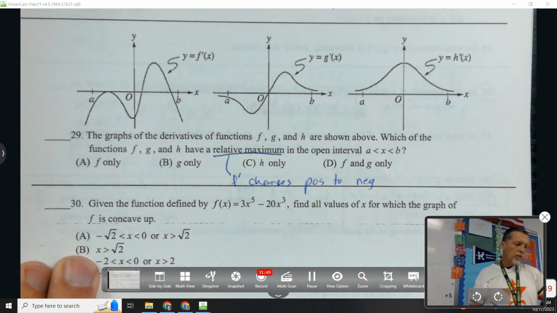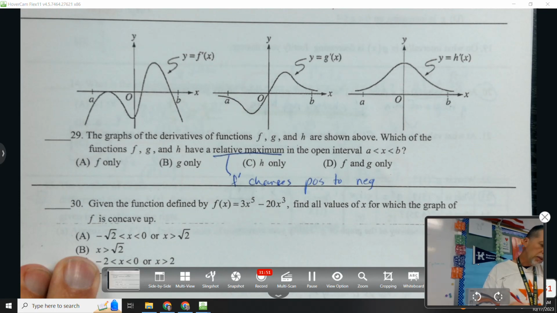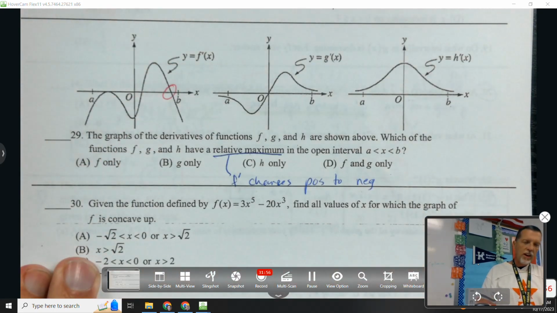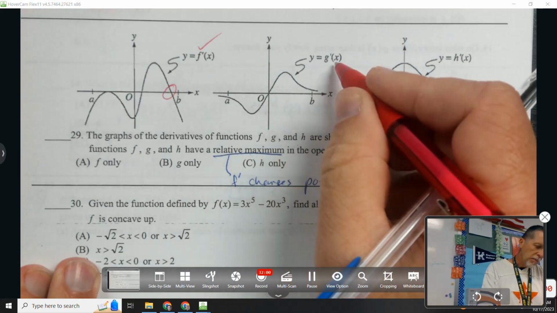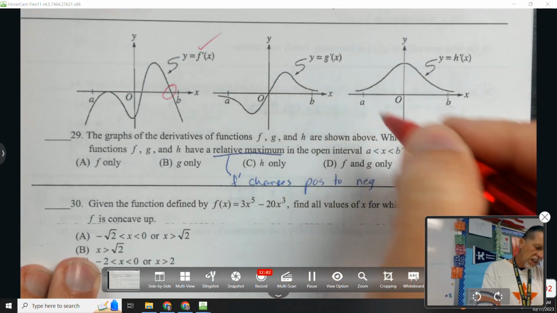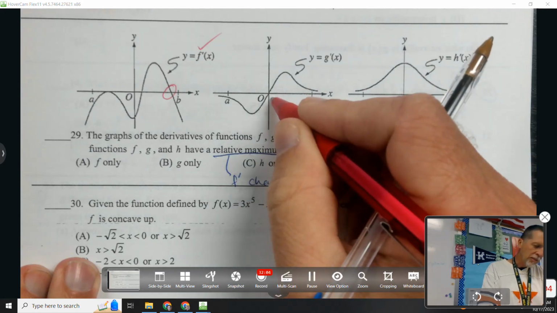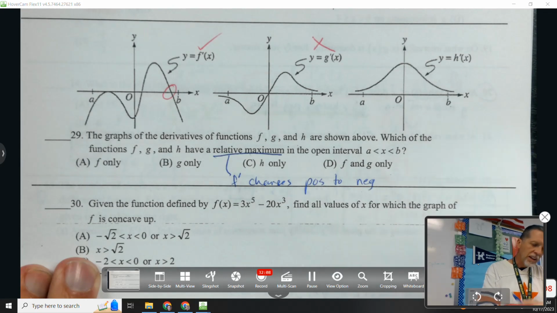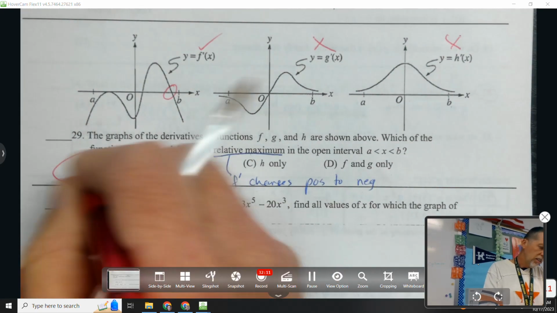So changing from positive to negative between a and b happens right there for f. For g, it changes negative to positive, but it never changes positive to negative, so no on g. And it never changes on h, so that's out. So it's f only.